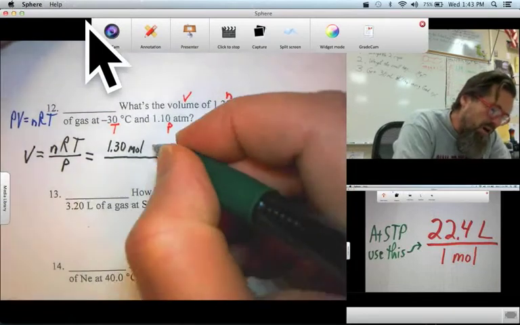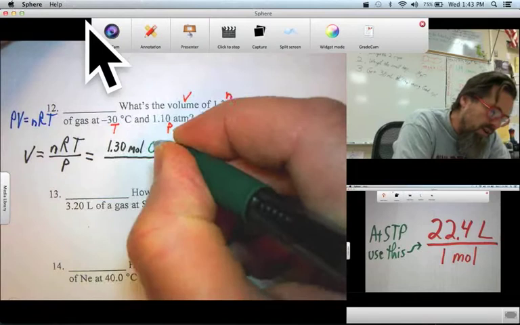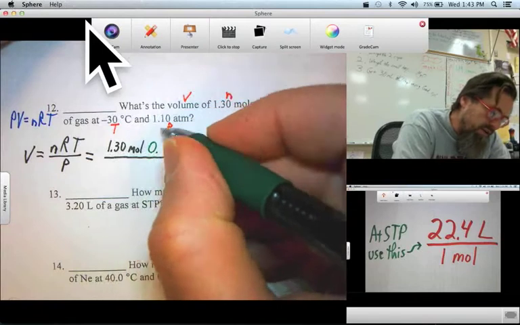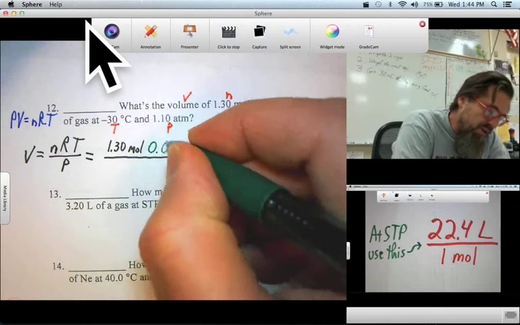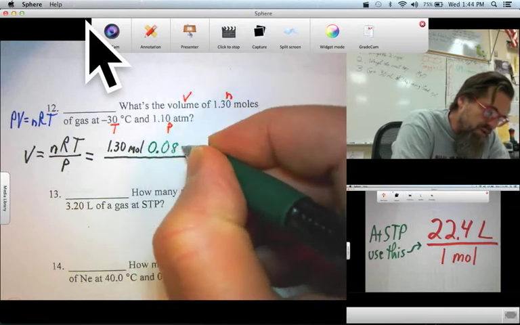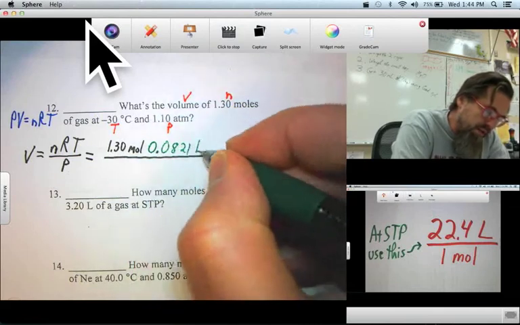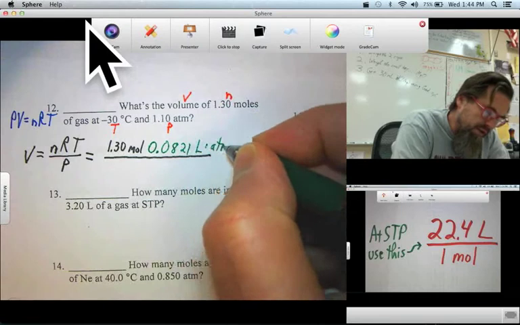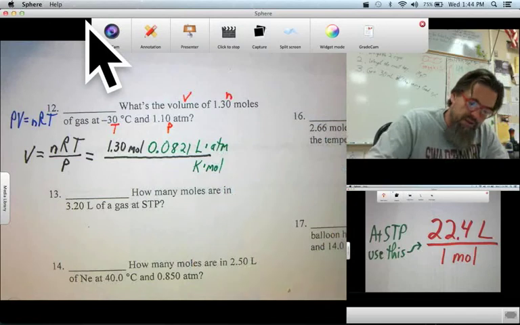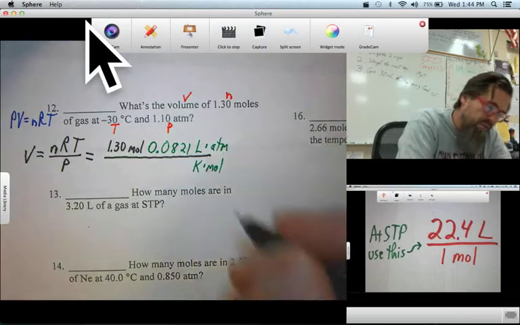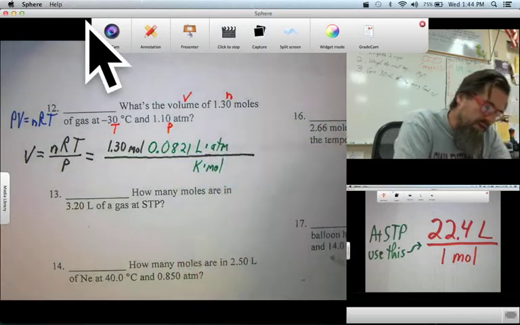R, looking that up, our gas law constant, and we want to use the one with atmospheres if we have a choice. 0.0821 liters times atmospheres over Kelvin times mole. There's our R value. Extend this line a little bit.